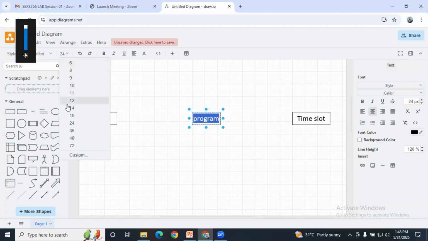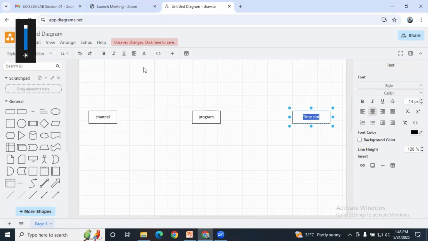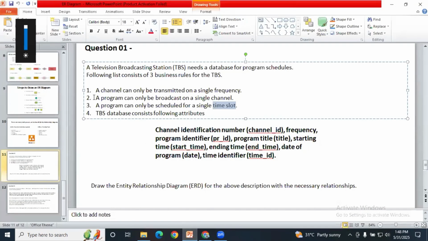You want to identify what the relationships are. I'm asking, yeah, relationship. So according to the second line, they say a program can only be broadcast on a single channel. So we know program and channel have some relationship.